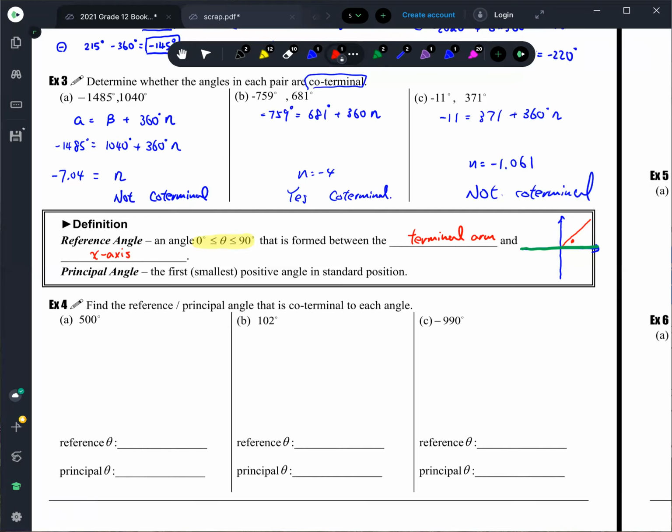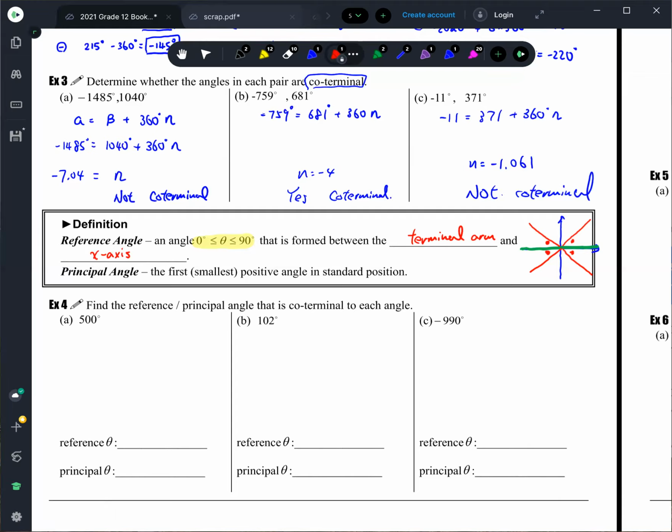If it's in the second quadrant, then the angle between the arm and the green line will be this one. That's the reference angle. The third quadrant will be here, and the fourth quadrant will be here. So these four dots are the reference angles.